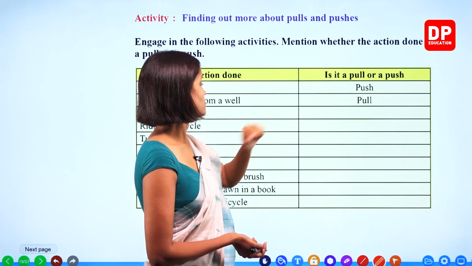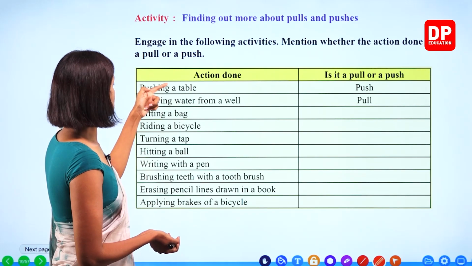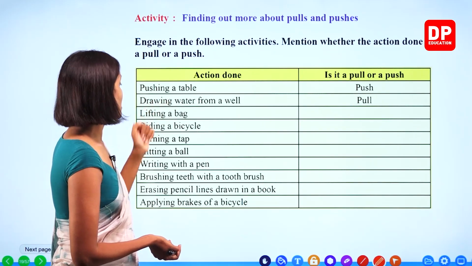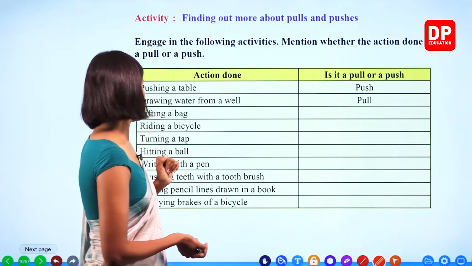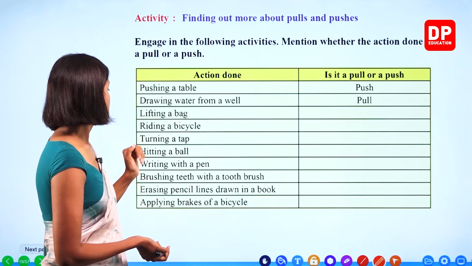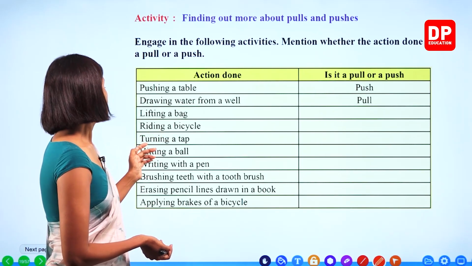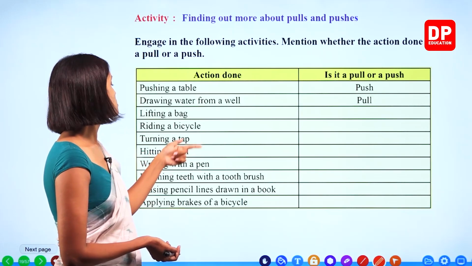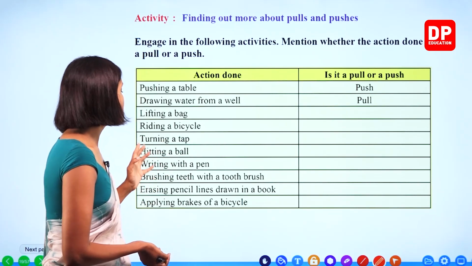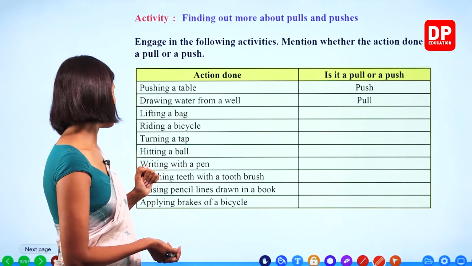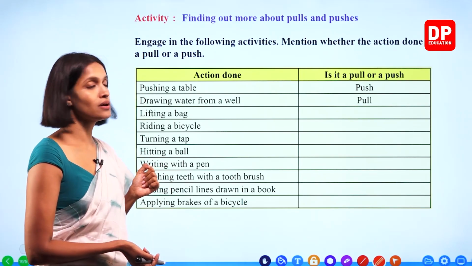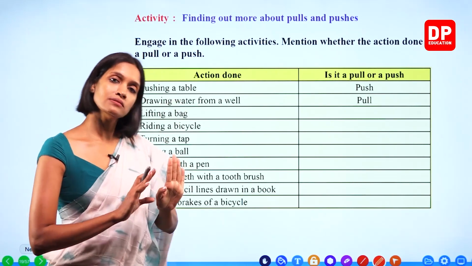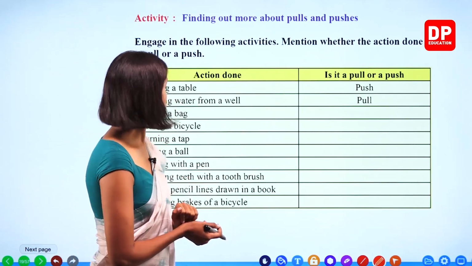The first two are done. Pushing a table, drawing water from a well, lifting a bag, riding a bicycle, turning a tap, hitting a ball, writing with a pen, brushing teeth with a toothbrush, erasing pencil lines drawn in a book, applying brakes of a bicycle. Pushing a table is definitely a push.